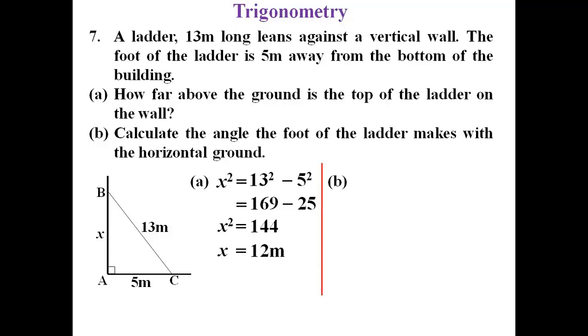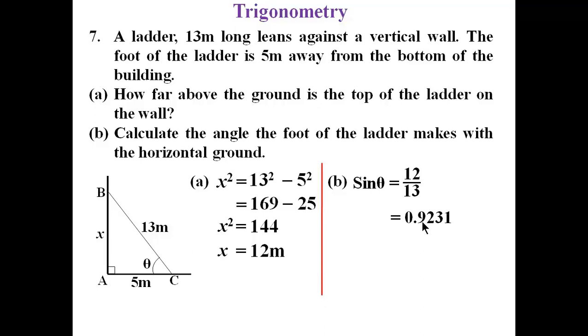We go to B. Calculate the angle the foot of the ladder makes with the horizontal ground. So here we are going to calculate this angle here, call it theta. We shall now combine the opposite and hypotenuse, and the ratio combining opposite and hypotenuse is sine. So we have sine theta is equal to opposite, that's 12, over hypotenuse, and our hypotenuse is 13.